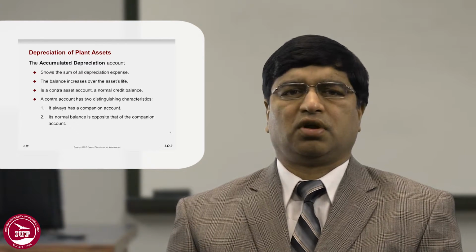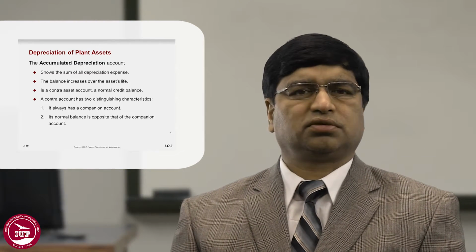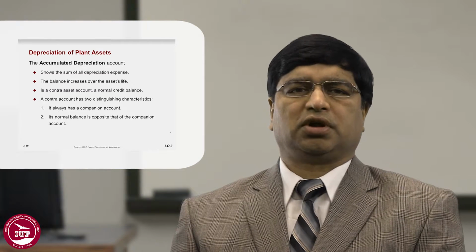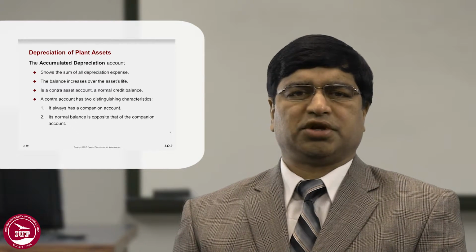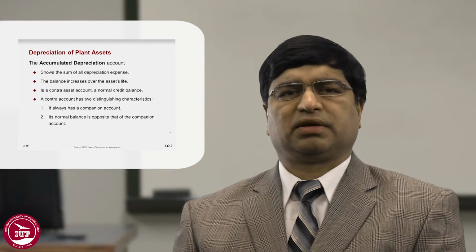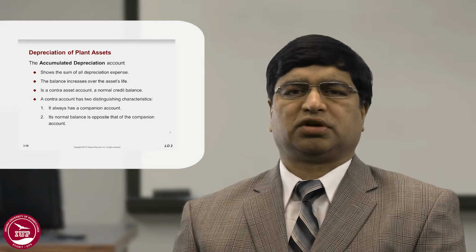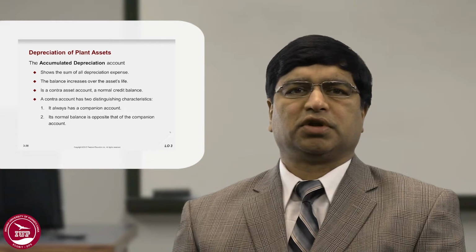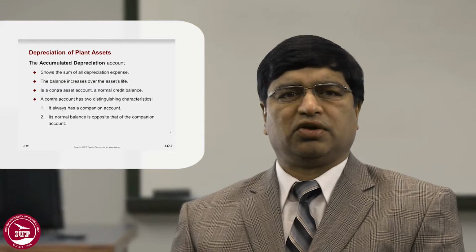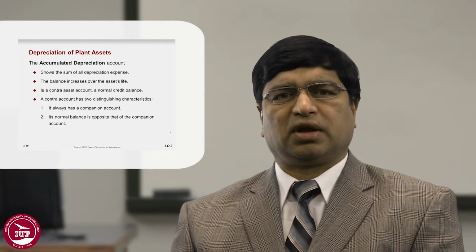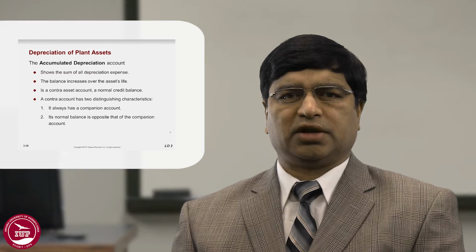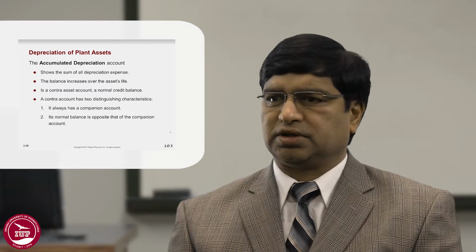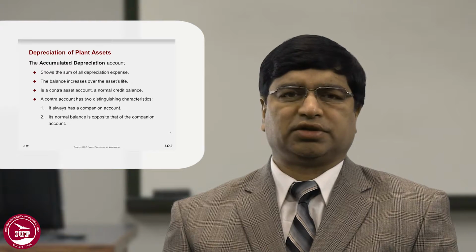It always has a companion account. So in this case, equipment less accumulated depreciation on equipment, and its normal balance is opposite to the main companion account. So in this case, your asset would have had the debit balance, but accumulated depreciation has the credit balance.